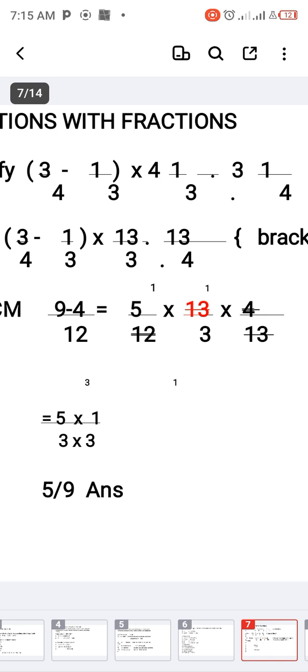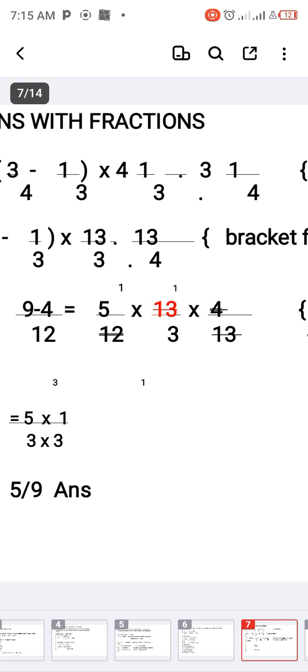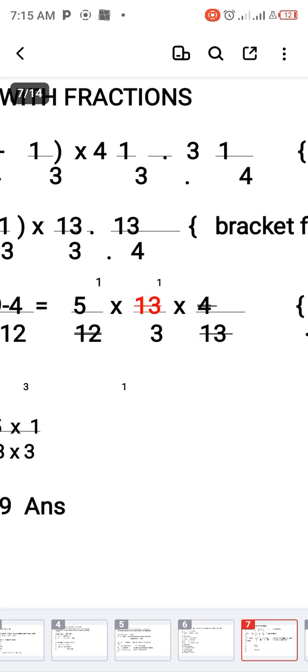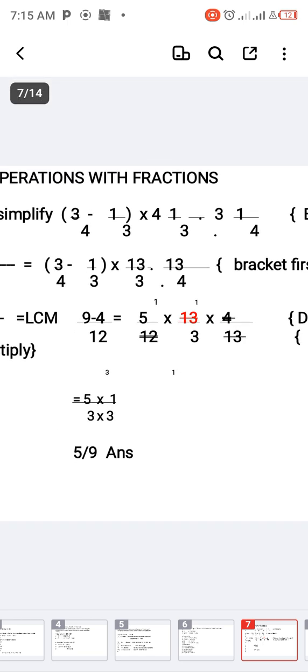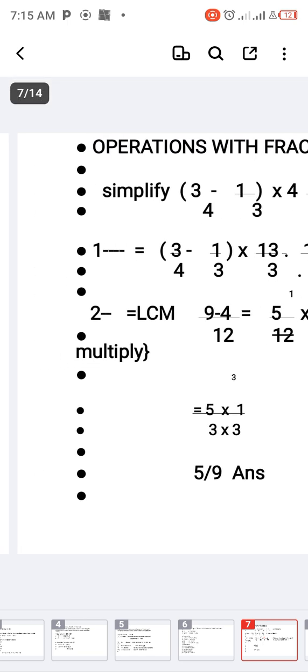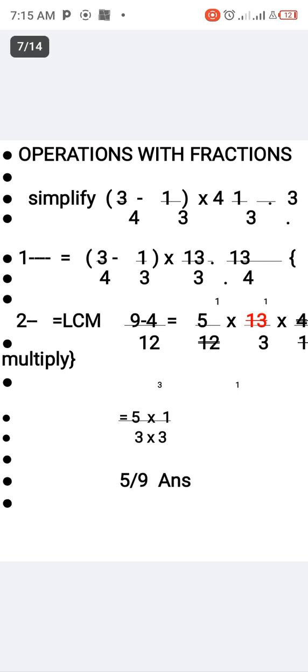We also change the other one, 3 whole number 1 over 4, into an improper fraction, and it becomes 13 over 4. That is step 1.